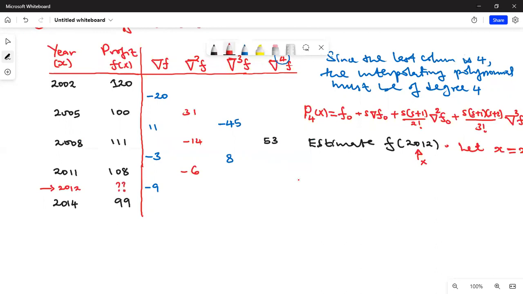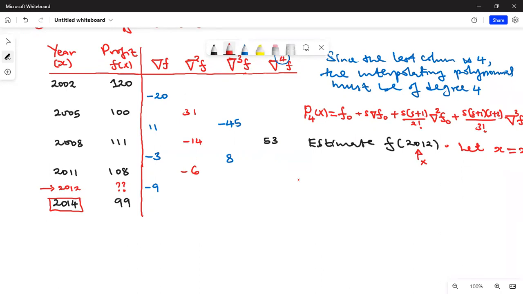x is 2012. So because of backward, now we choose x naught to be the value of x which is just below 2012 in the table. Why is it below? Because we are going to be reading along a line that is sloping upwards. Remember, for the forward difference, you are choosing a value that was above.